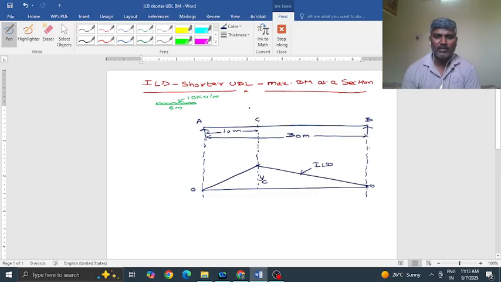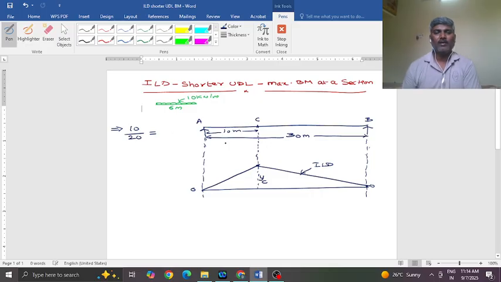Now the question is, for what position of this UDL will the bending moment at the section C be maximum? For this, the load has to satisfy a condition for its placement. What is that condition? You see the section is dividing the span in the ratio 10 by 20.